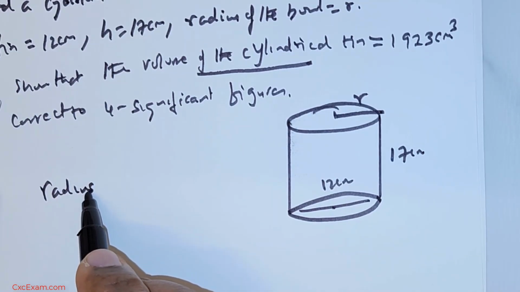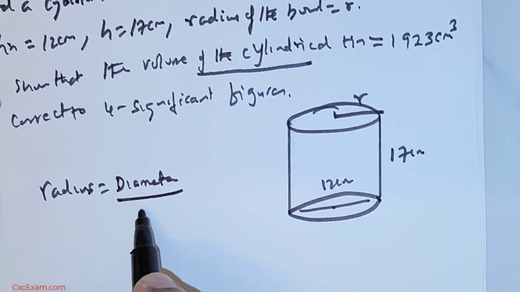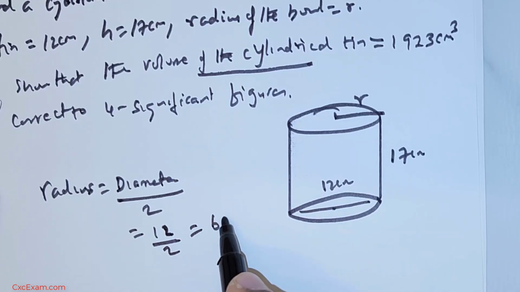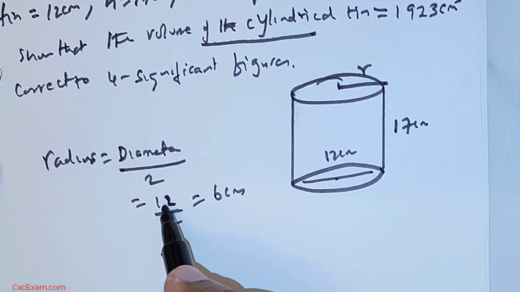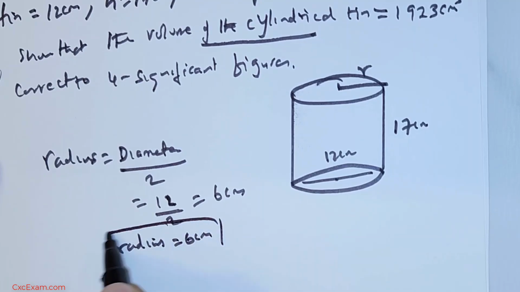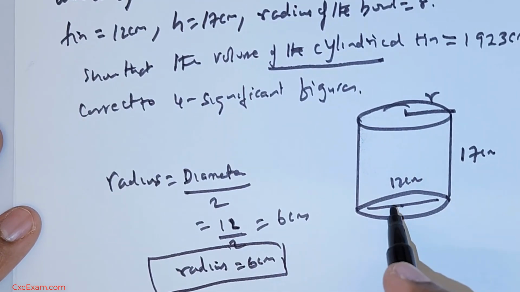The radius is equal to diameter over 2, so you divide 12 cm by 2 and you get 6 cm. So the radius is 6 cm. So we have got the radius.